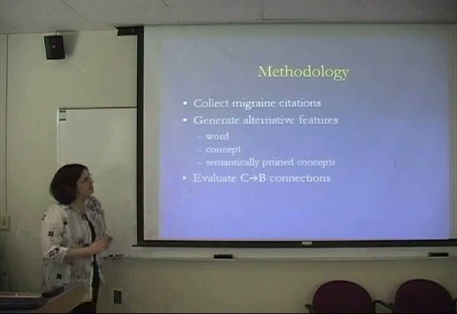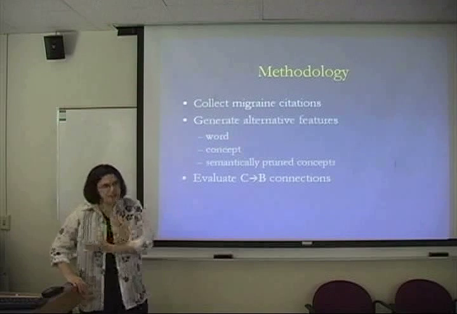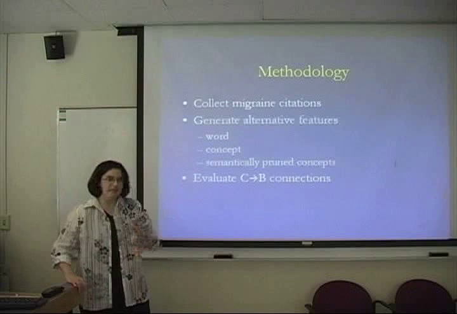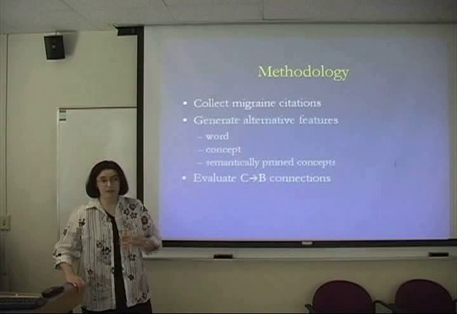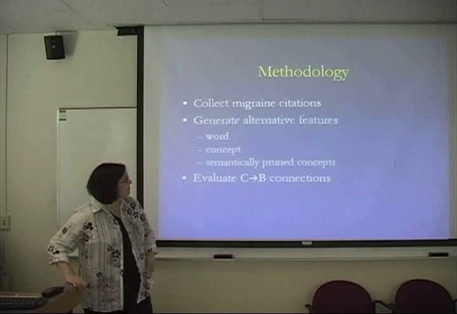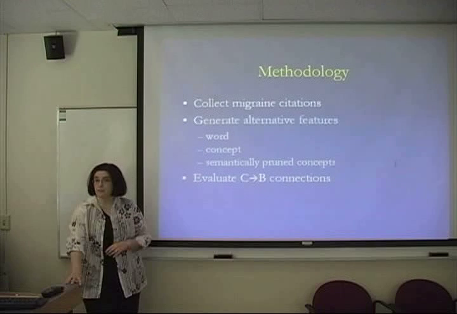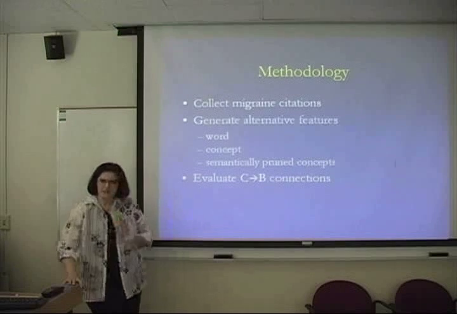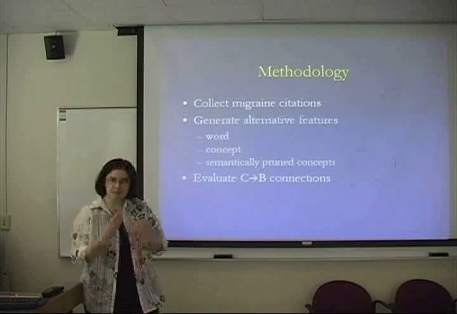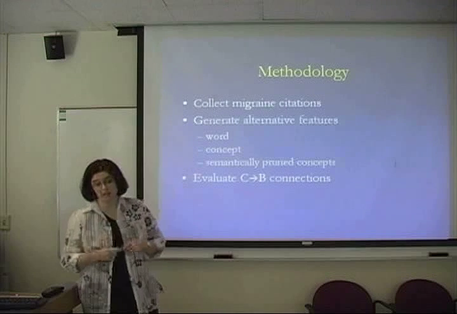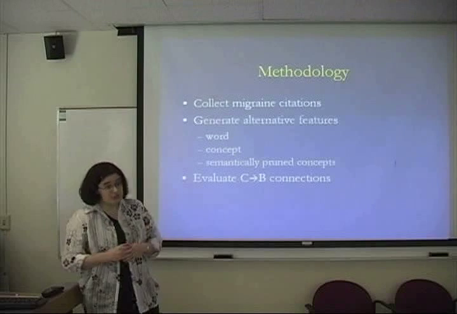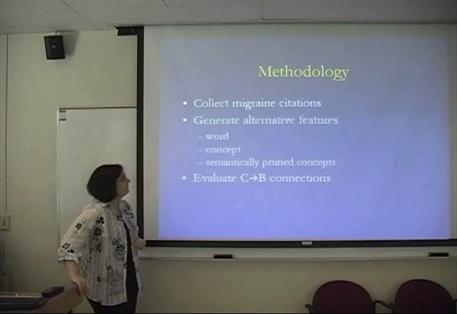So in terms of methodology, we evaluated this by looking at the migraine-magnesium connection that I've used in this example so far. We collected all of the migraine citations, and we did this in a way that it was the same as the citations that Swanson would have had available to him had we done the study back in 1988.